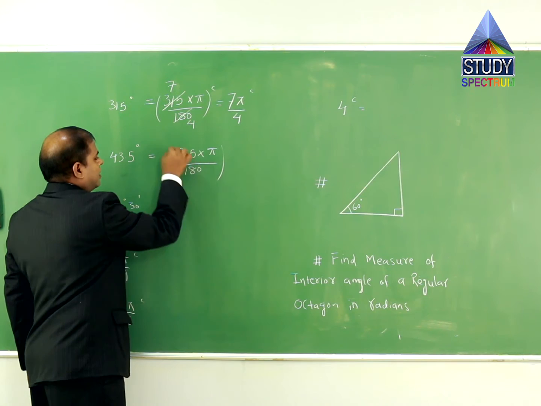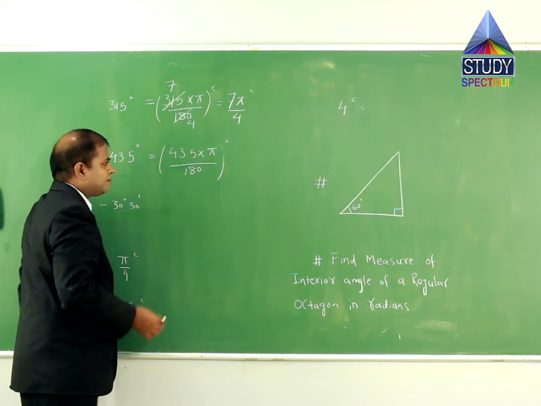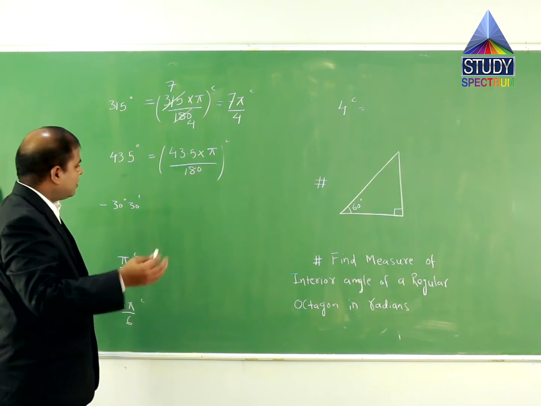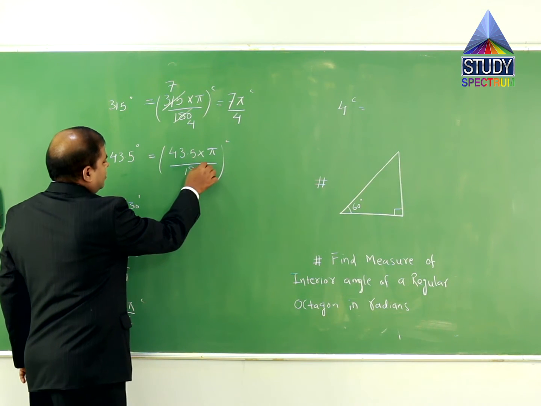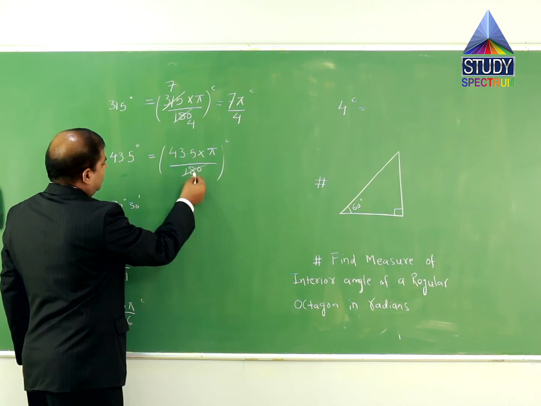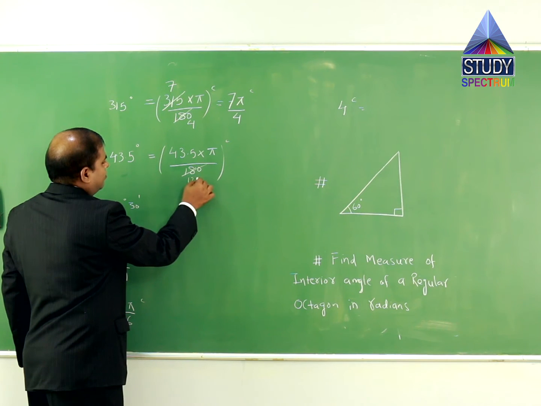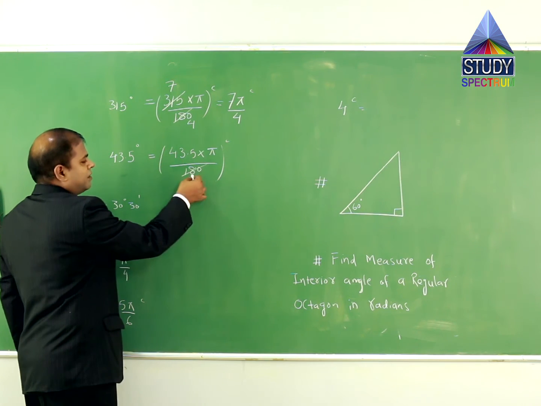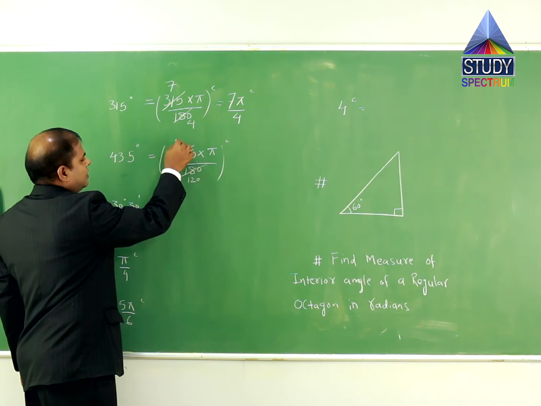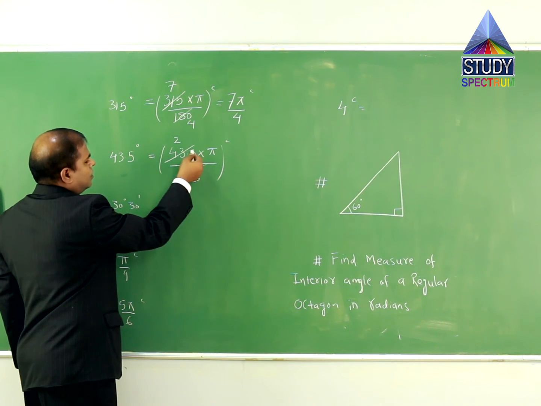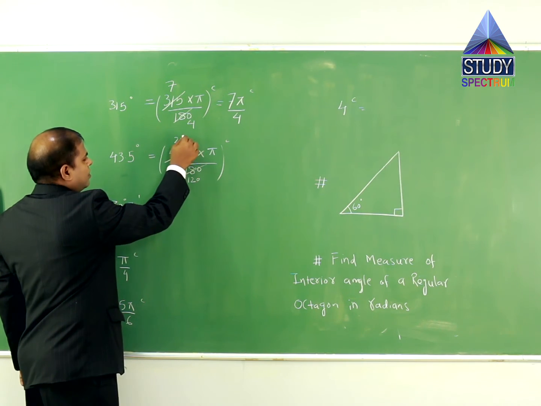So this is the answer in radians, right? Now if you want to simplify, divide by 1.5.